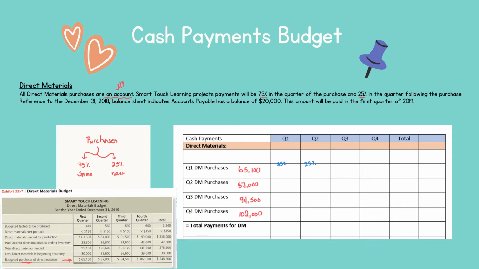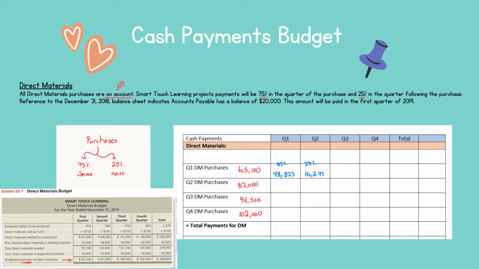So 65,100 times 75% is going to be 48,825, and 25% of 65,100 is going to be 16,275.